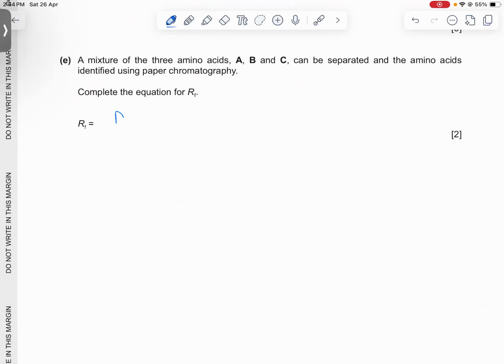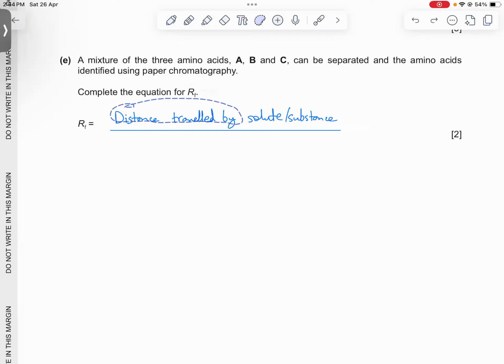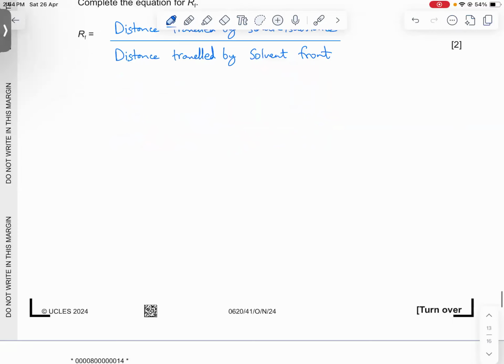Distance traveled by the solute, the substance, divided by the distance traveled by the solvent, the solvent front. That is the formula of the RF value.